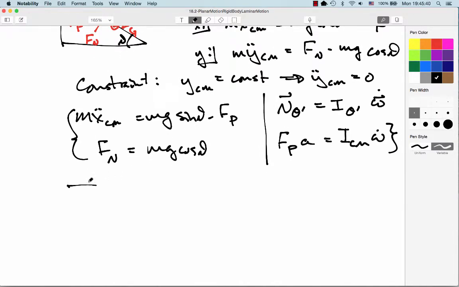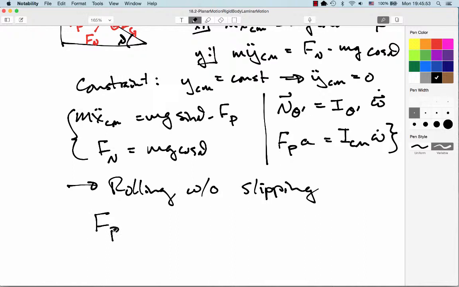Let's go take a look, for instance, at rolling without slipping. So in this case, we know that the force that the plane exerts has to be less than or equal to mu static times the normal force.